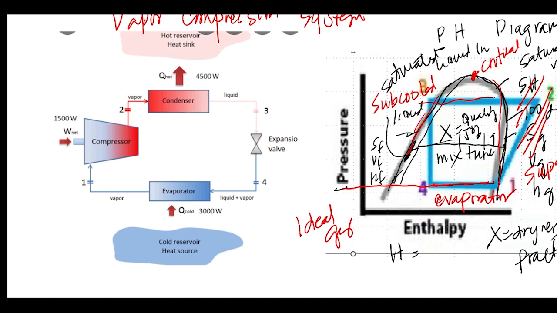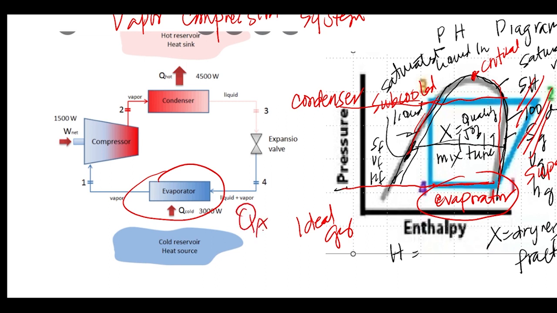At the top, corresponding to the opposite of the evaporator, is the condenser. If I may relate, this is the evaporator. What is happening in the evaporator is we are adding heat, QA, heat absorbed or heat added. Between the evaporator and condenser, the evaporator has the colder, lower temperature part.